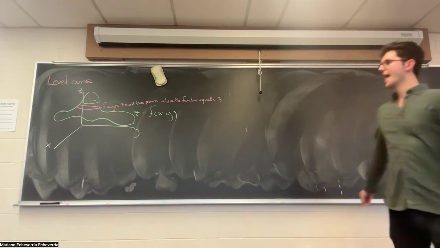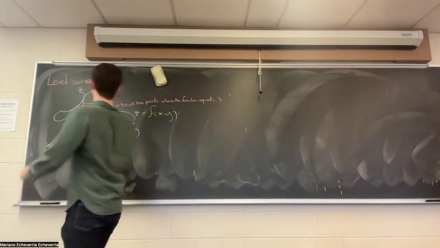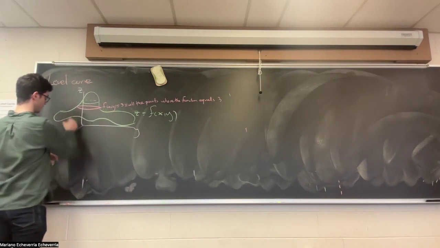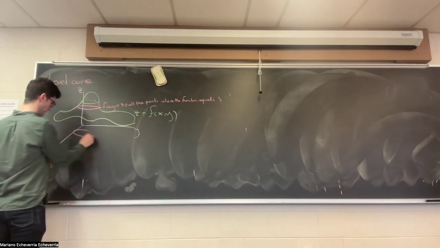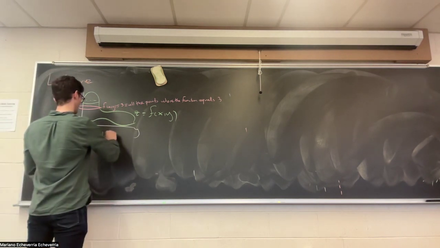Okay. And as you see, it gives you a curve on the graph, but instead of drawing the curve there, you just bring it down and draw kind of the shadow on the XY plane. So this is the level curve.